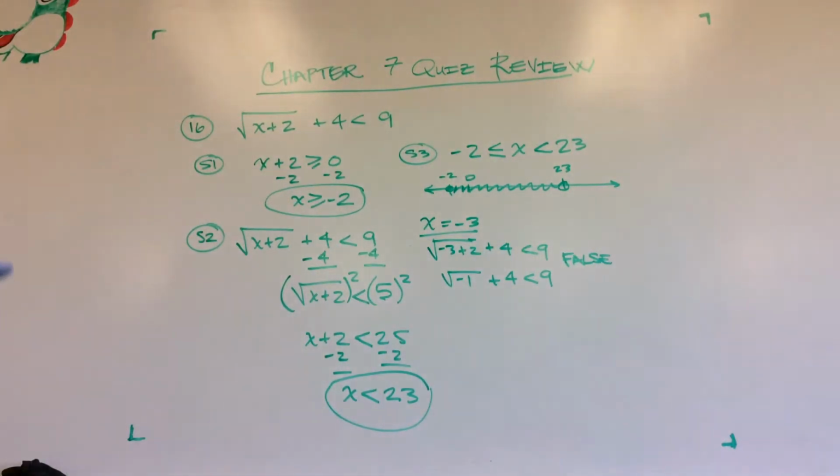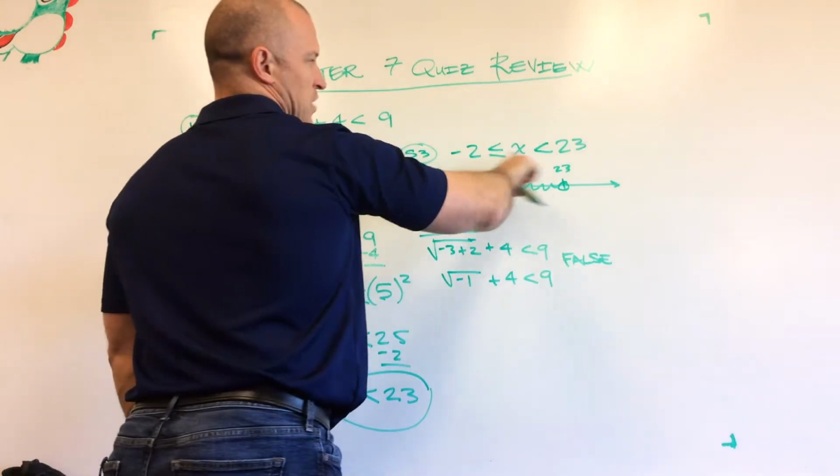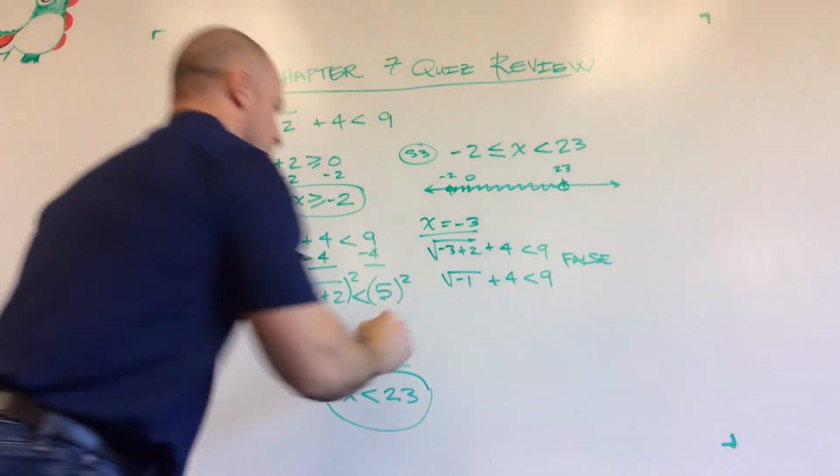Now, we need to pick a value inside the solution set. We can choose x equals 1. That's clearly greater than negative 2 and less than 23.